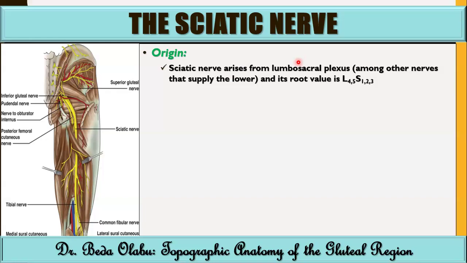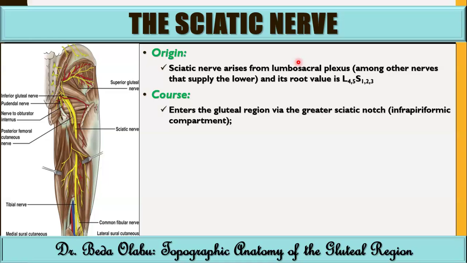So these are the spinal cord segments that contribute to formation of the sciatic nerve. Of course, when it's formed, it is way within the pelvic cavity. Now let's talk about its course. Having been formed way inside the pelvic cavity, how does this nerve reach the lower limb?